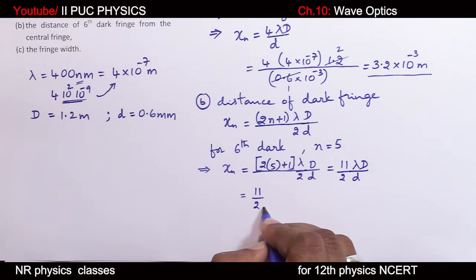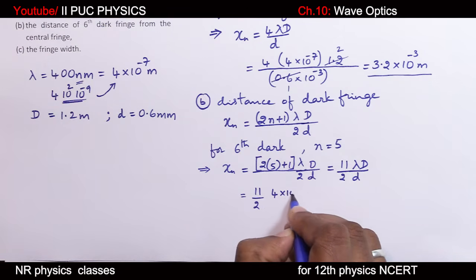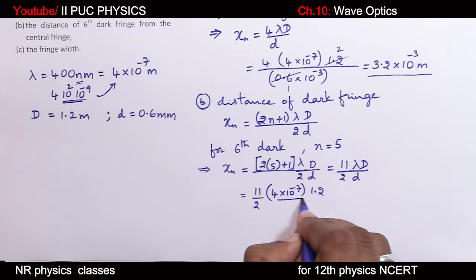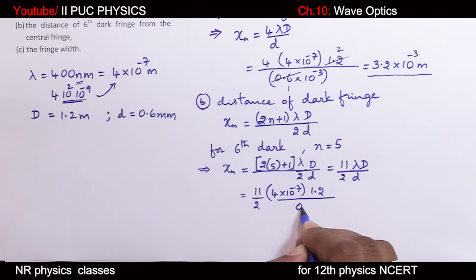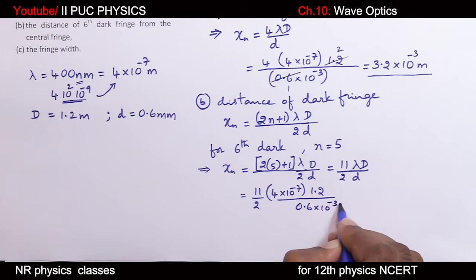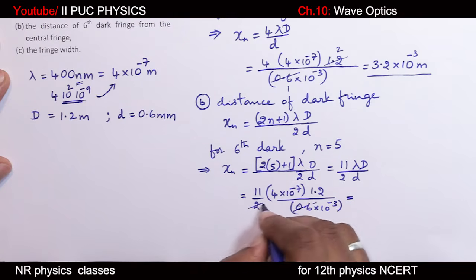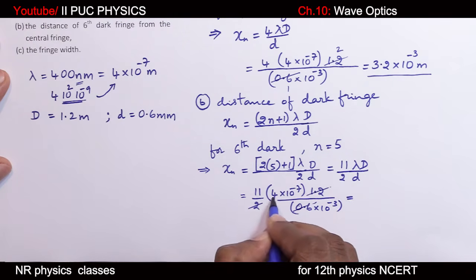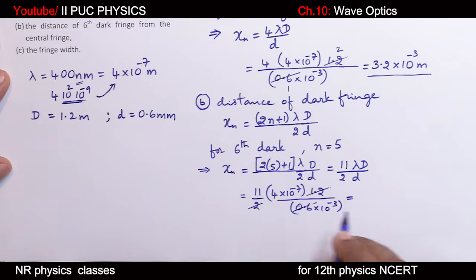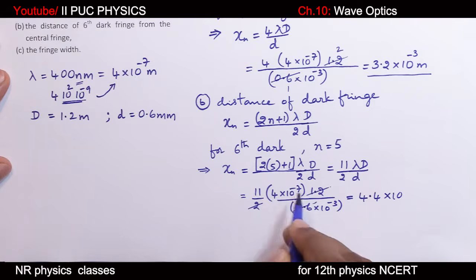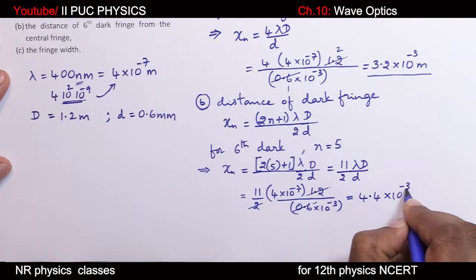Lambda is 4 10 power minus 7, capital D 1.2, small d 0.6 milli, 10 power minus 3, equal to: 0.6 into 2, this gets cancelled with this, 4 into 11, 44, 4.4 10 power minus 7 minus 3 is minus 4, 1 more, 10 power minus 3 meter.